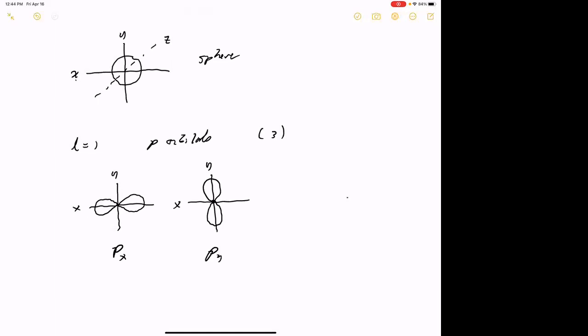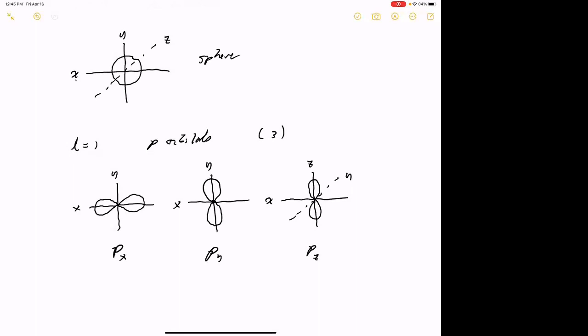And then I could also have the option, and I'm just going to swap my axes here. I could have an x here and a z here, and now just for the sake of reference, y goes that way. So I could actually have an orbital running out along the z-axis like that, and I would call that a p sub z. So remember, for L equals 1, I have 3 different options. Those are the 3 different options.